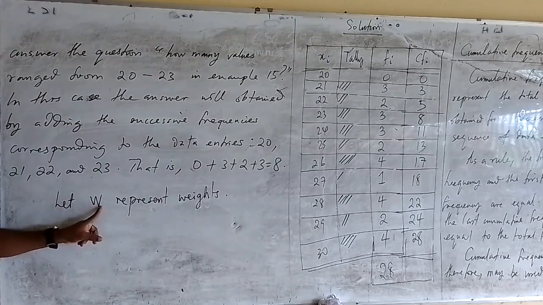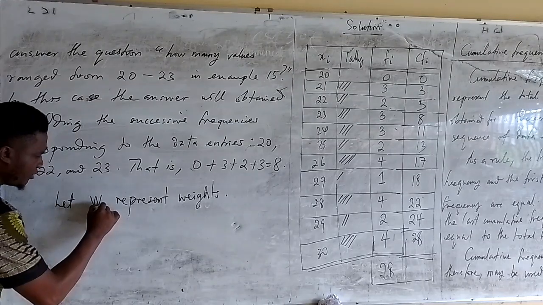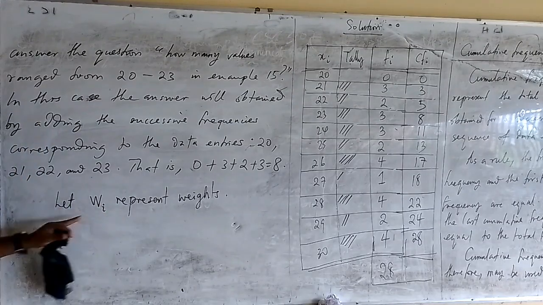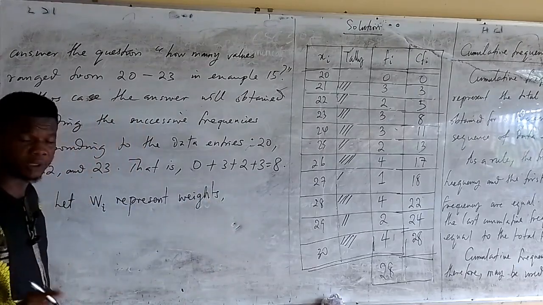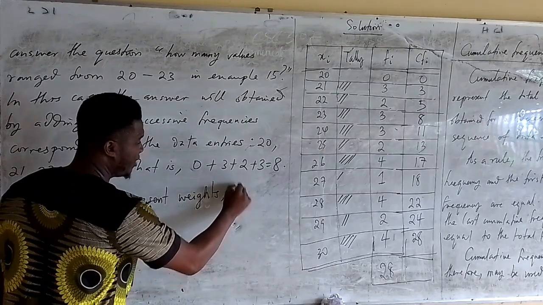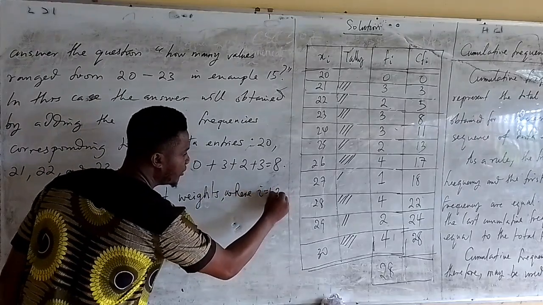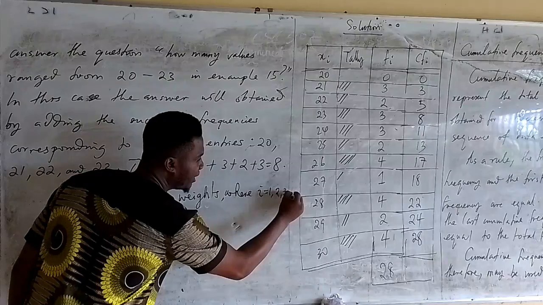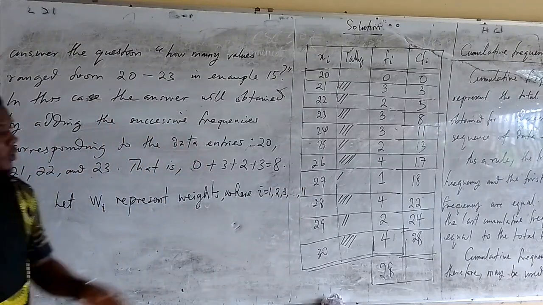I will come back to this letter and put Wi. I will now make a remark here, please, it is very important, where i goes from 1, 2, 3 to 11.